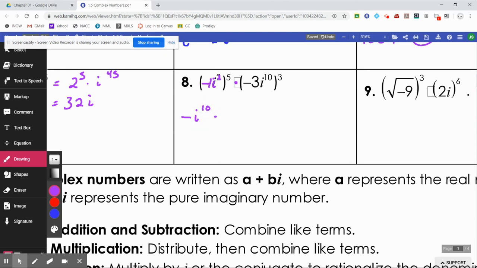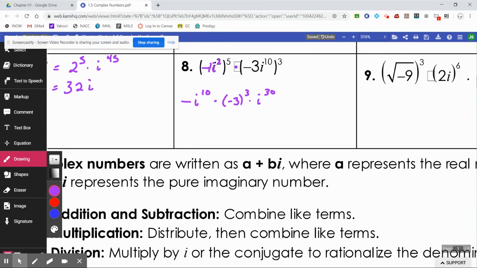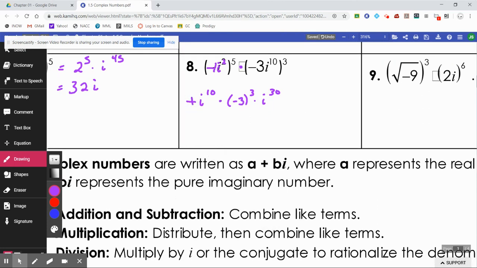Times, we're raising everything in the second parentheses to the 3rd power. So you have -3 to the 3rd, and i to the 10th to the 3rd will be i to the 30th. So we have a -1 here. And this turns out to be, let's go ahead and evaluate. -3 to the 3rd would be -27.